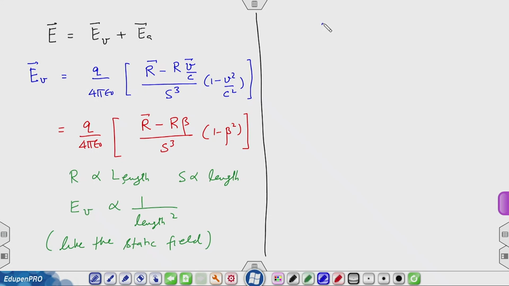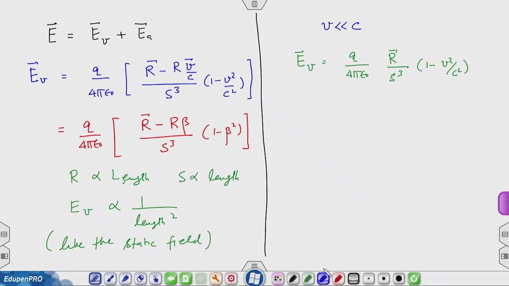For V much less than C, this expression goes to EV equals Q over 4 pi epsilon 0, R vector divided by S cubed, 1 minus V square over C square.